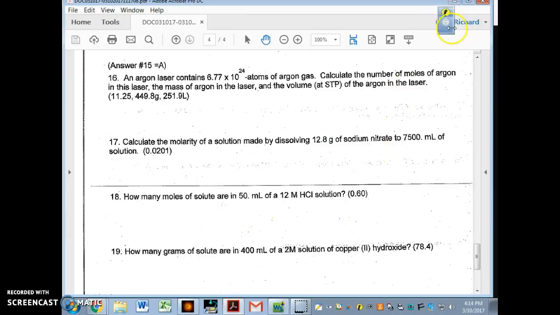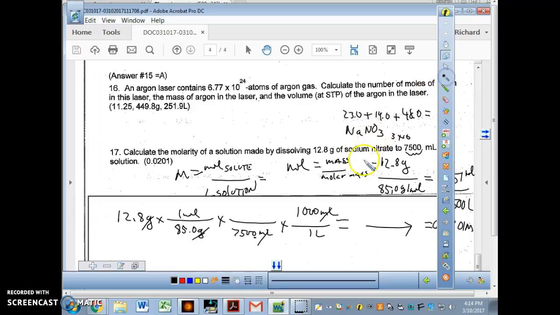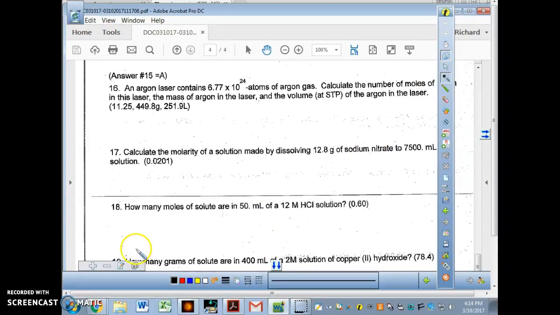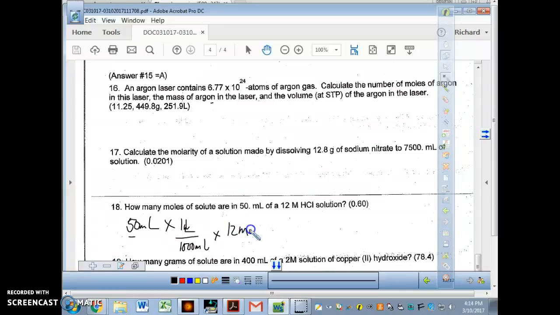So we'll do that. We will take the 50 milliliters. The only kicker on it is you have to remember that on the 50, you do have to change that to liters. So you're going to have to divide by 1,000 milliliters to change it to liters, and then we're going to multiply that by the molarity, which is 12 moles per liter.